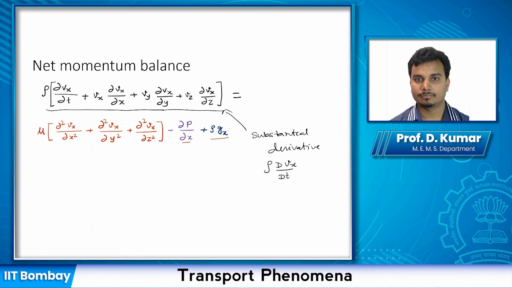What it physically means is, when you're looking at the change in velocity in Lagrangian frame, then you can write rho dv by dt as dvx by dt. This is known as the substantial or material derivative.